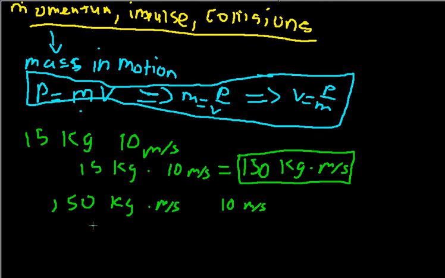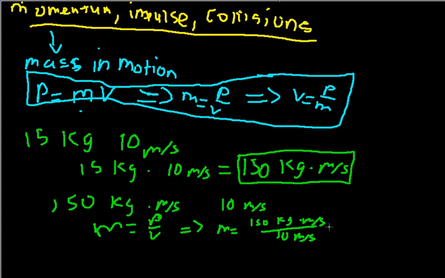So if we do m is equal to p over v, then we can say that m is equal to 150 kilograms meter per second over 10 meters per second. And that's going to give us the mass, which is going to be 15 kilograms, because meters per second here will cancel out, giving us 15 kilograms. That's the momentum there.